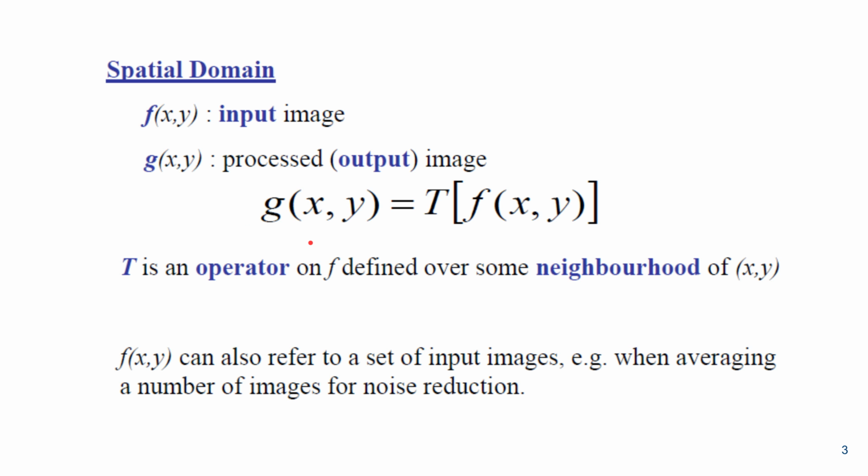We can write that the output image g(x,y) is equal to a transform operation T performed on the input function f(x,y). T is an operator that's going to be defined over some region or neighborhood of each pixel.